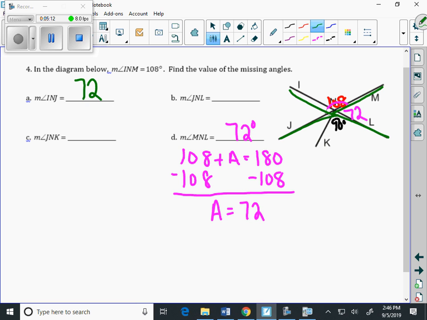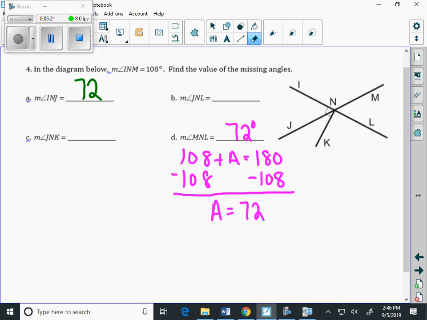So we know a lot about this picture now. And it's pretty jumbled up. I'm actually going to erase everything on here and put the INJ back in here as 72.